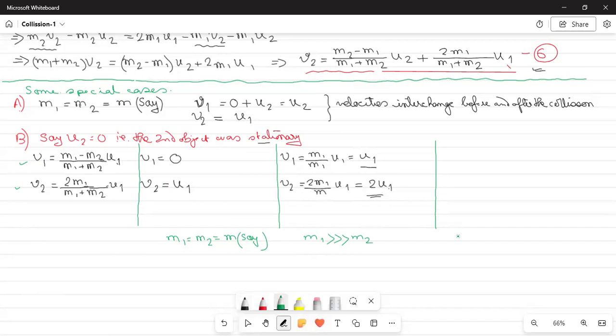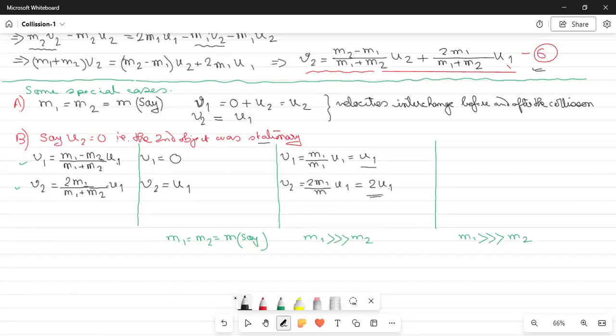Third thing can happen where M1 is much less with respect to M2. Suppose M1 is a small ball, small rubber ball, and M2, let us say, is a huge iron ball. And that iron ball, M2 was stationary. Then what happens?